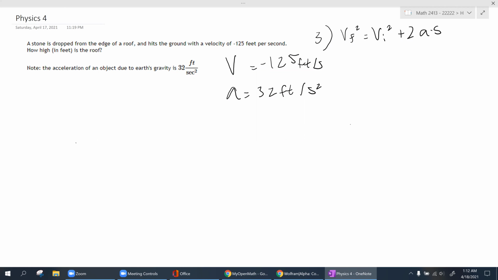One thing you have to ask yourself is whether this is initial velocity or final velocity, and why. This here would be the final velocity, meaning if you're holding a stone on the roof, your initial velocity is 0.